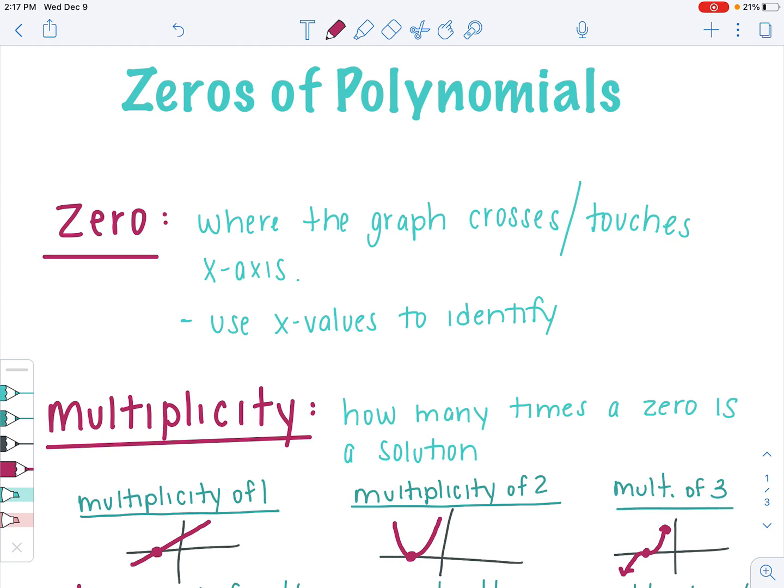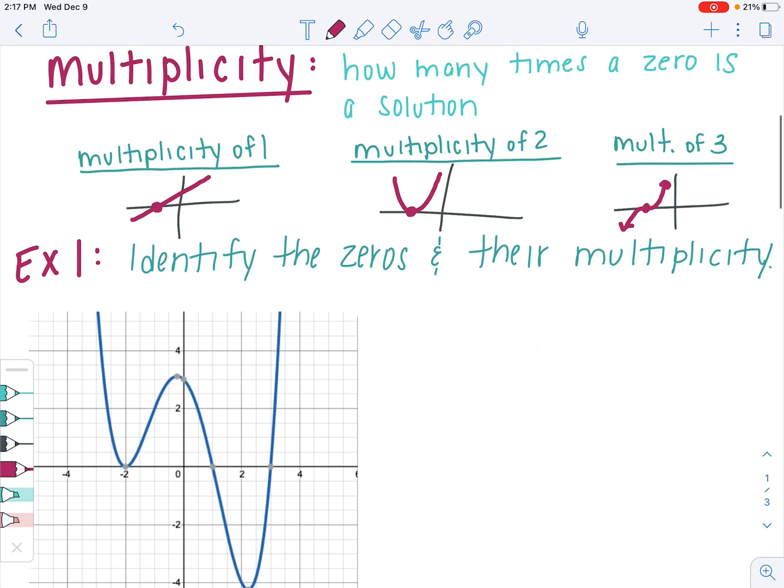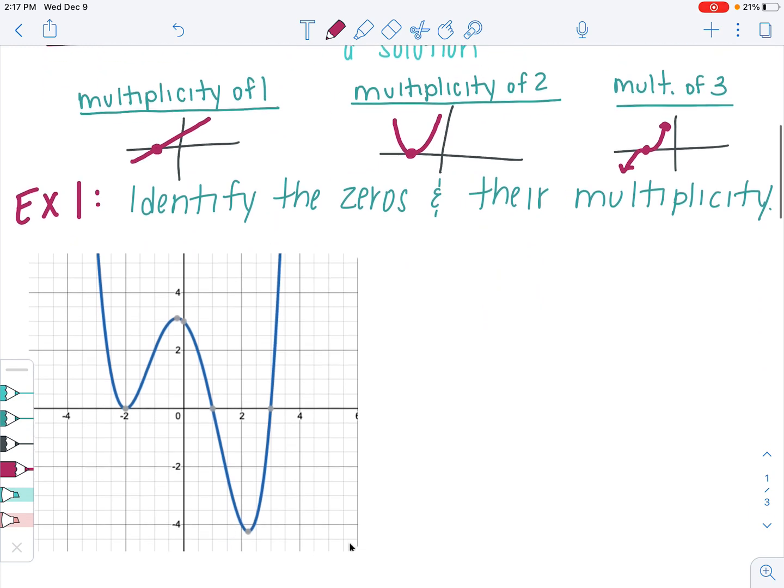So we're going to look at different graphs, picking out their zeros and telling what their multiplicity is at that location. If we look at the first one, identify the zeros and their multiplicity. I see right away I have a zero at -2, a zero at 1, and a zero at 3.